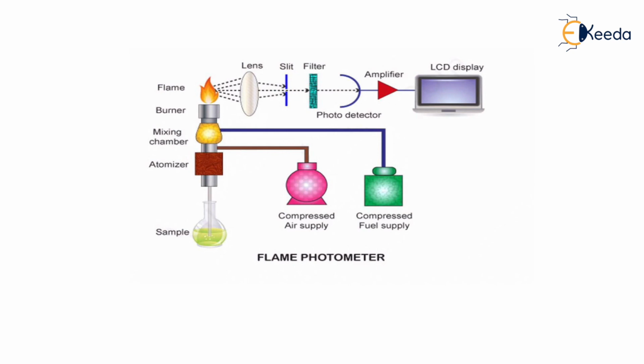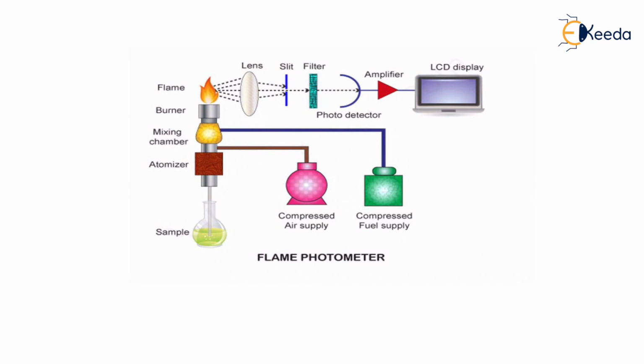Over here we studied about the flame photometer. What exactly is a flame photometer? The principle of a flame photometer. We also studied how this entire process works. We studied different components, starting from the source of the flame, to the different temperatures to be maintained, to the nebulizer maintaining the temperature.